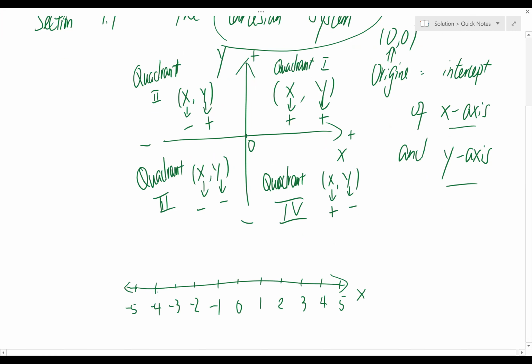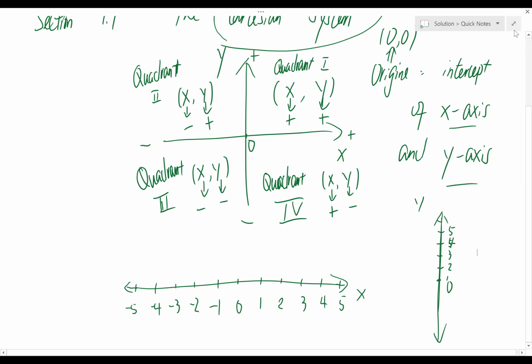Okay, so if you look at the x-axis, on the y-axis, very similar, right? Y-axis, if you look at it, right in the middle is 0, right? Above it is positive numbers. So this is 1, 2, 3, 4, 5, all positive. Okay.